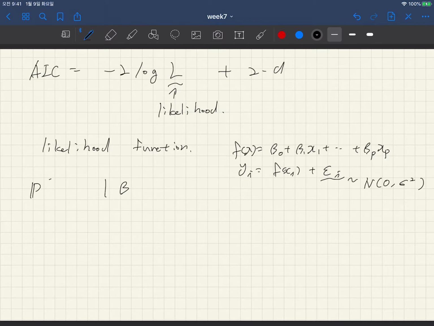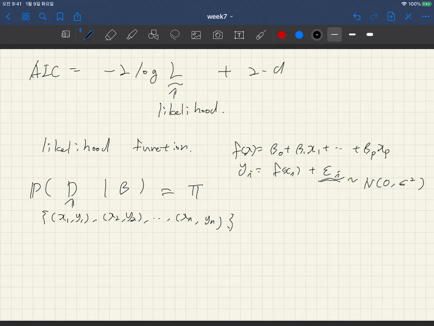So the probability of your dataset, meaning all your collection x1, y1, x2, y2, up to xn, yn, which follows this distribution, is the product, because every observation is independent.